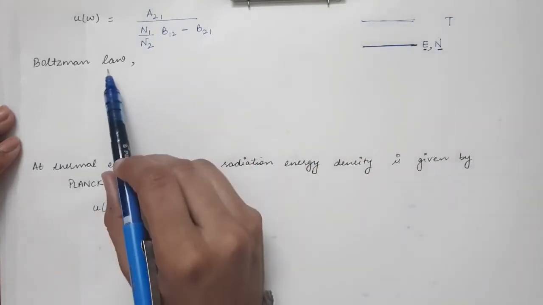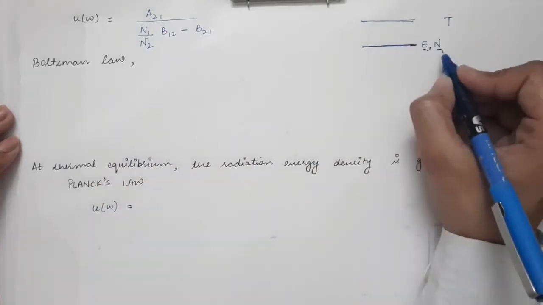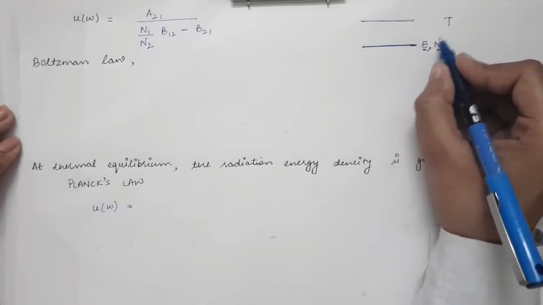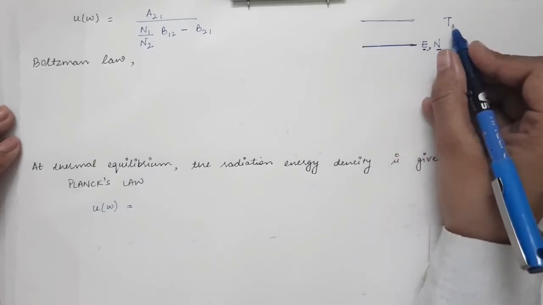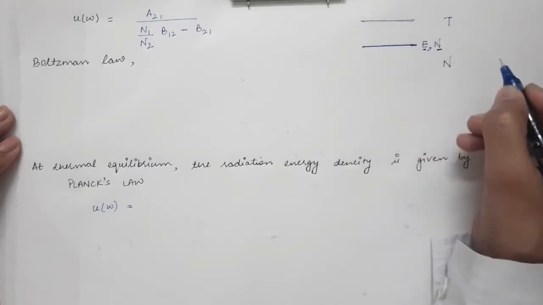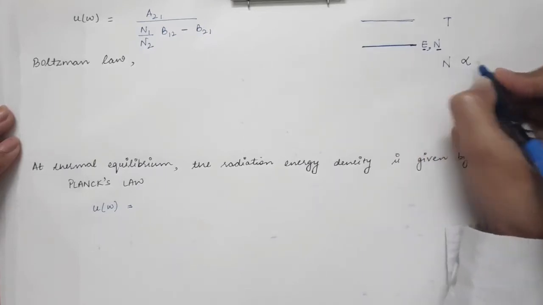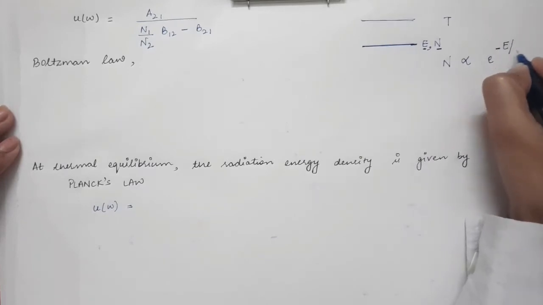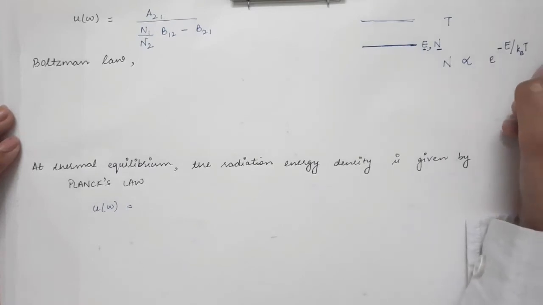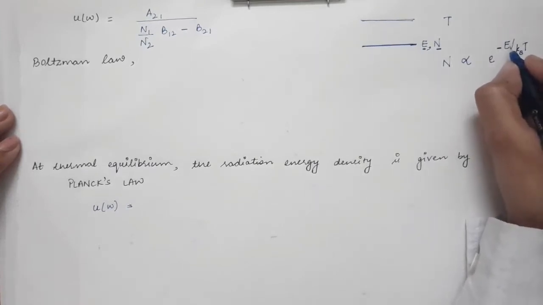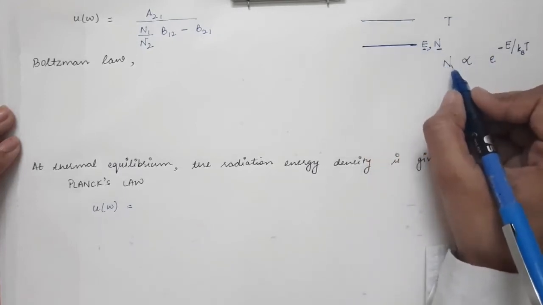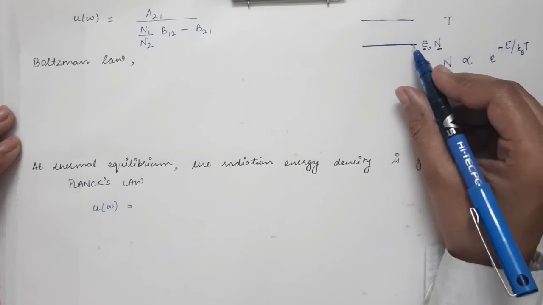Boltzmann gave a relation that the number of atoms that occupy a particular energy state at temperature T is proportional to e power minus E by kBT, where kB is the Boltzmann constant, T is the temperature, E is the energy of this level, and n is the number of atoms occupying this particular energy level.